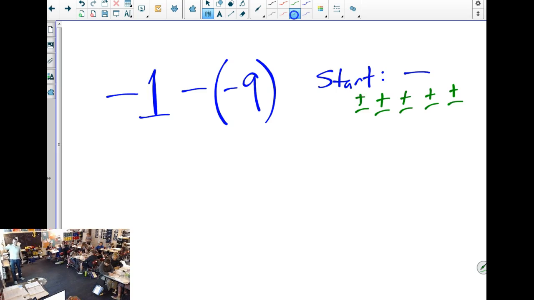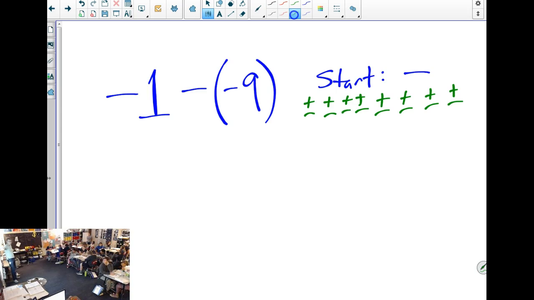How many more negatives do I need? 9. Well, not 9 more. 8. I need 8 more, right? Because I already have 1. All of these are zeros. Every positive negative pair makes 0.